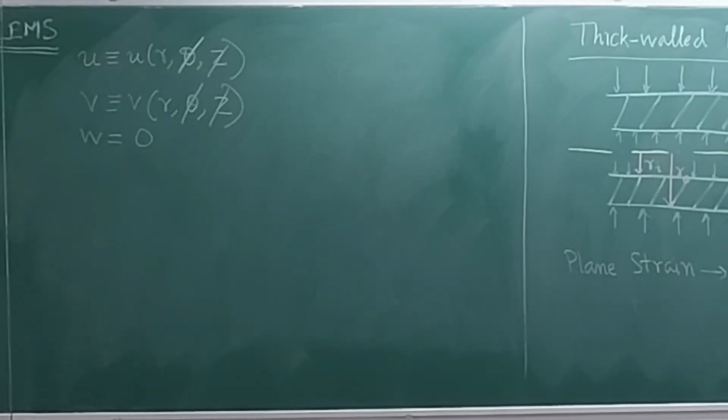When you have the torsion problem, the torsion is still axisymmetric, but you do have a loading in the theta direction, because of which the V component of the displacement, that is the displacement component in the theta direction, is not 0. But suppose you have a problem where there is no loading in the theta direction.